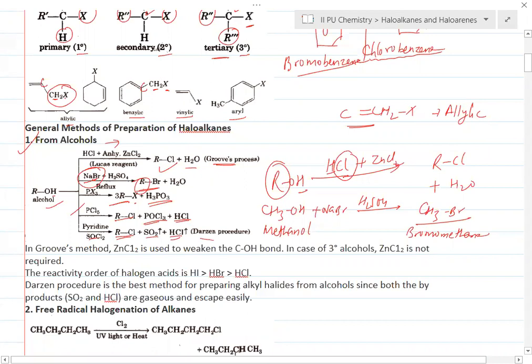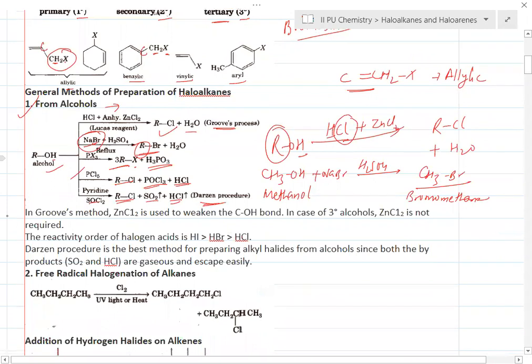In the Groove's process, zinc chloride is used to weaken the carbon-oxygen bond. When you talk about alcohol, this is the bond between carbon and the OH group. Zinc chloride is used to weaken this bond between carbon and OH.